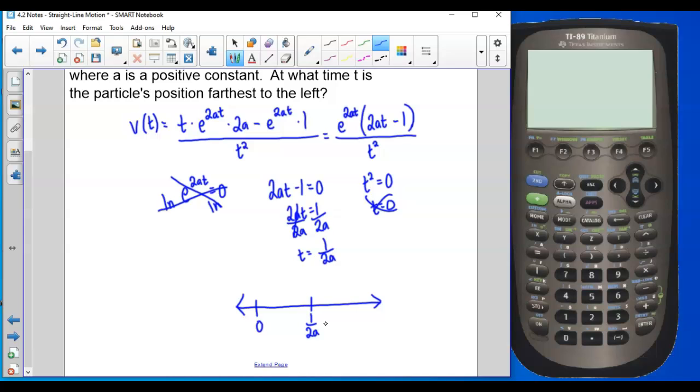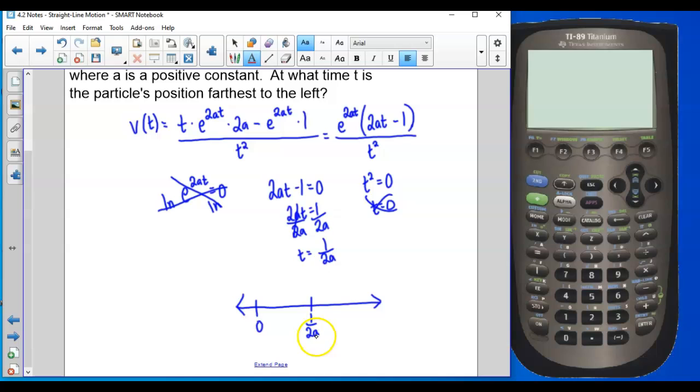So here, what I need to know is when this is going to be positive and when it's going to be negative. If I know a is a positive constant, that really doesn't tell me what value a is.